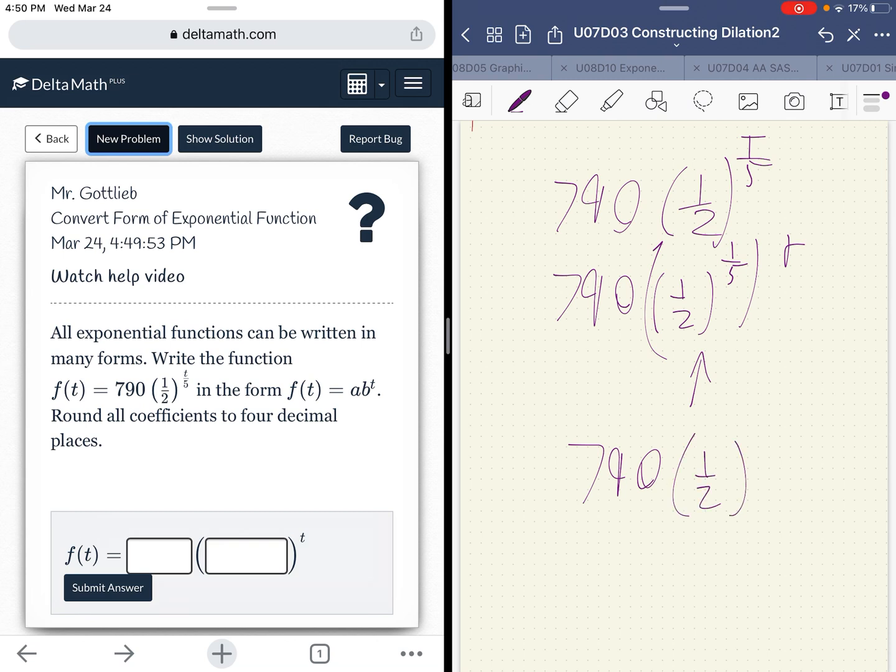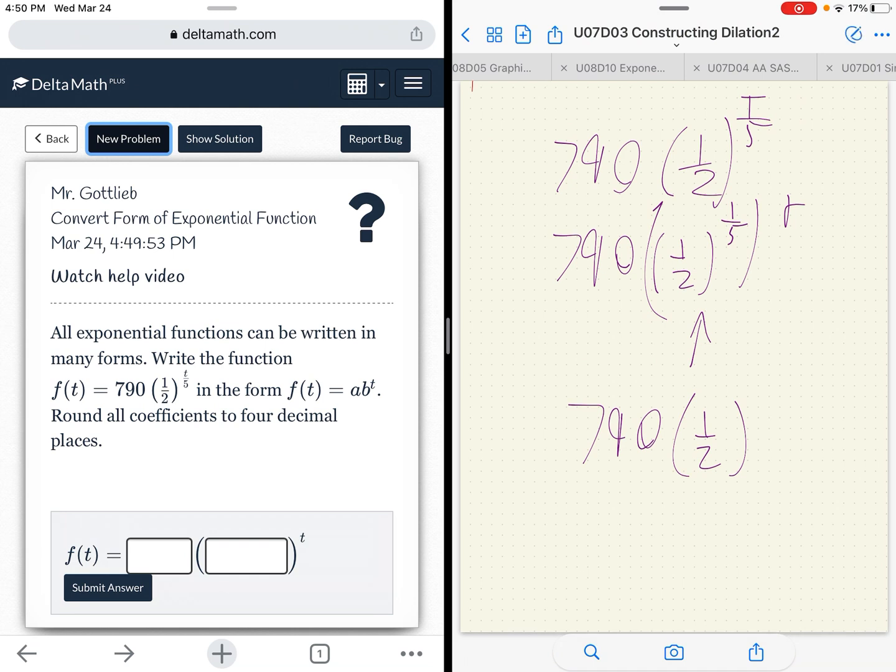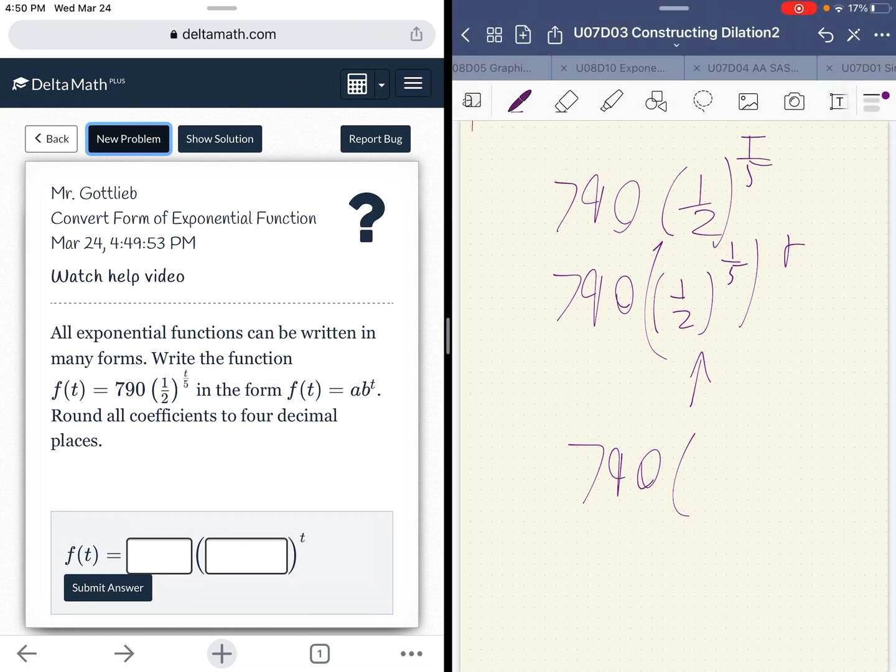So this is 1/2 to the power, oh, not 1/2. The whole point of this is it's not going to be 1/2 anymore. So it's 0.5 to the power of 1/5, which is going to be 0.87055 to the t power. So the purpose of this is to see what your annual interest rate is.